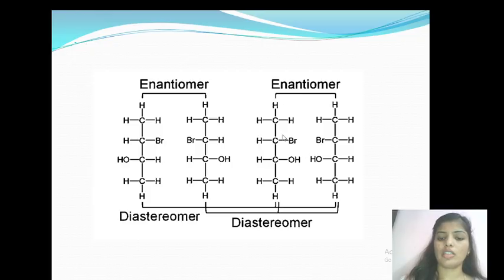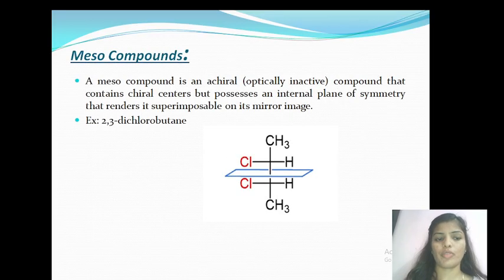Similarly, the third one is enantiomer with the fourth, but the third one is diastereomer with the second one and the first one. These are termed as diastereomers and enantiomers.